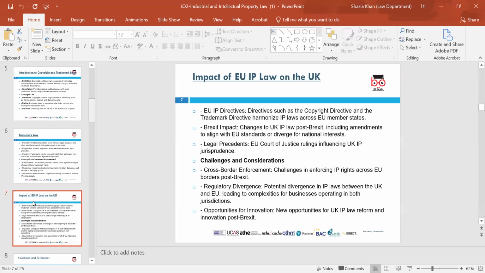The impact of EU intellectual property on the UK. When the UK was an EU member, the law governing intellectual property was to a large extent harmonised across the EU, with certain intellectual property rights enjoying pan-EU coverage.